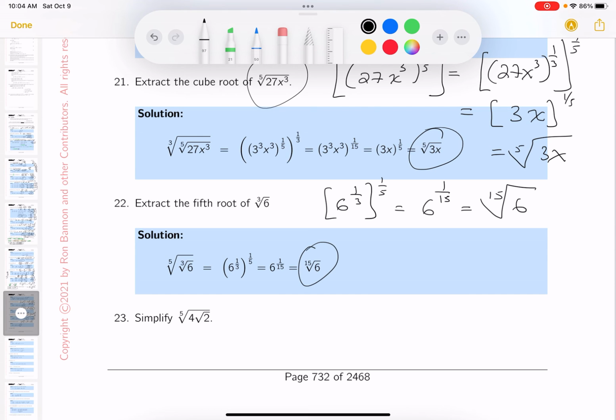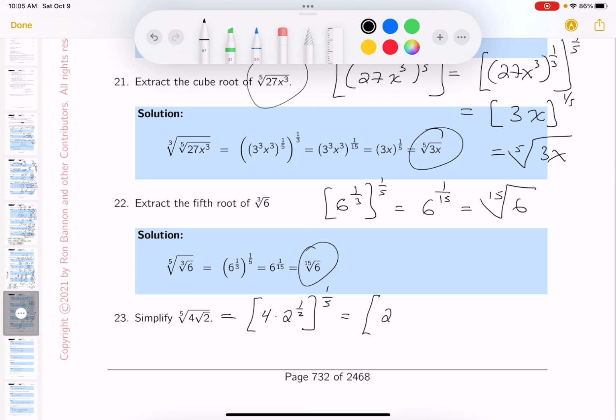All right, this one is nested. No one likes a nested root, by the way. Let's write this down. So it's going to be 4 times 2 to the 1/2, to the 1/5. I'm going to simplify what's on the inside now. The way I'm going to do that is, I'm noticing it's powers of 2, right?